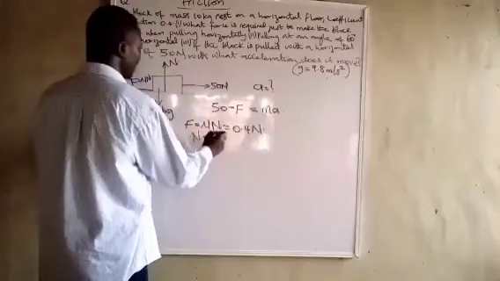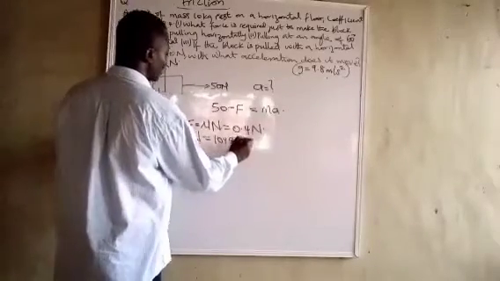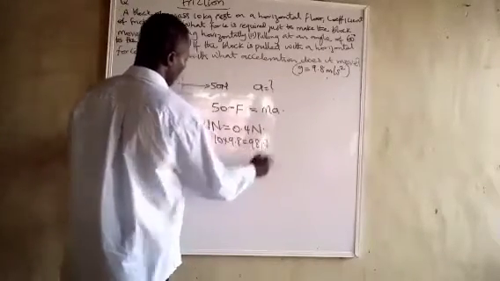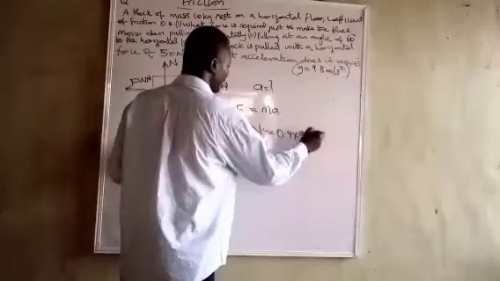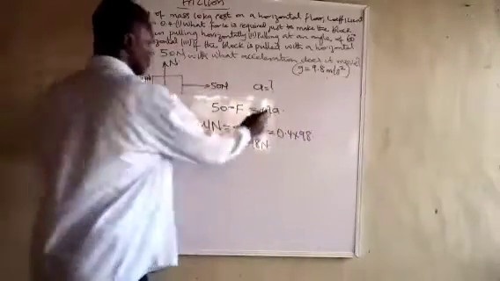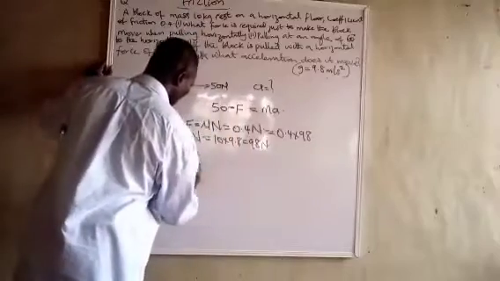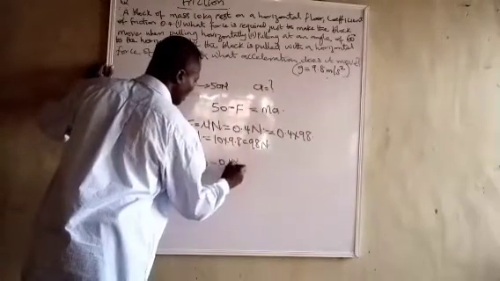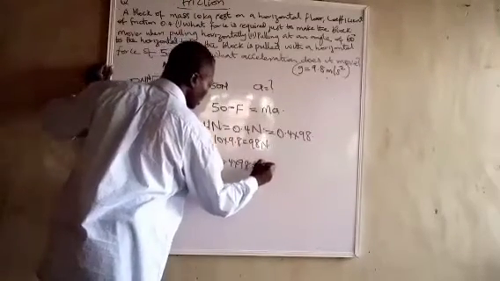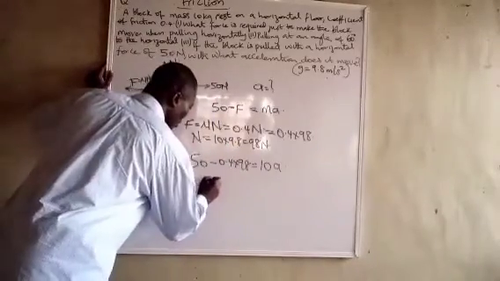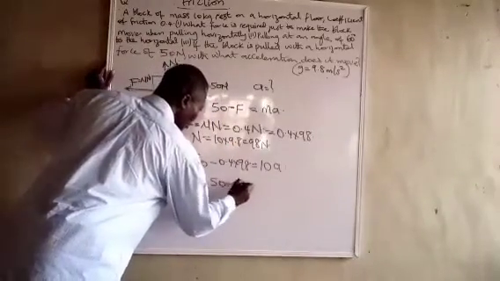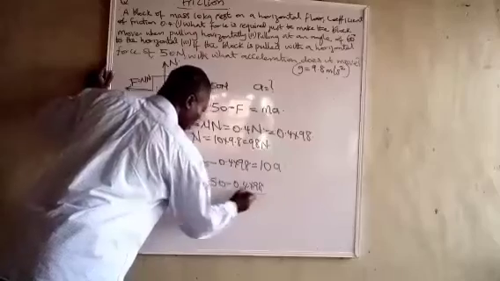N is the same thing as 10 times 9.8, 98 Newton. Therefore, F will be equal to 0.4 times 98. So 50 minus 0.4 times 98 will be equal to 10a. Therefore, a will be equal to (50 minus 0.4 times 98) over 10.